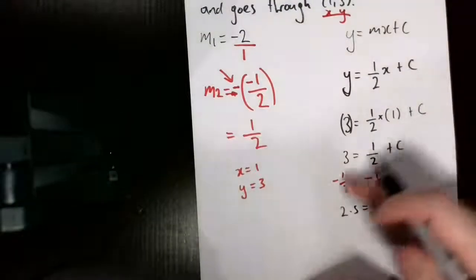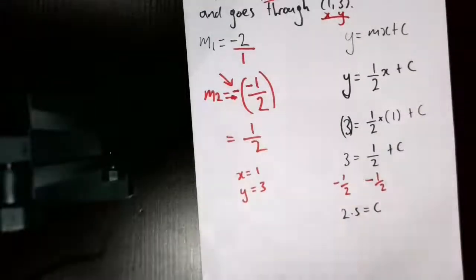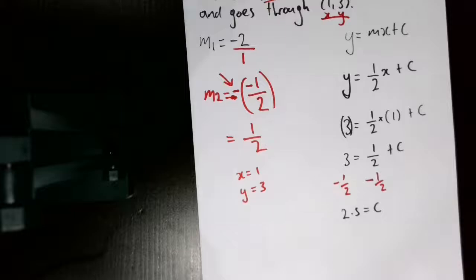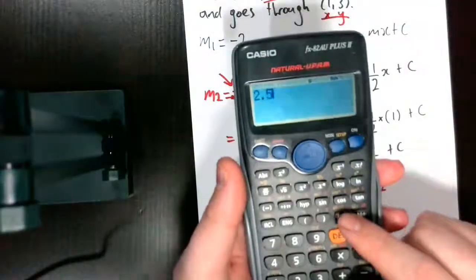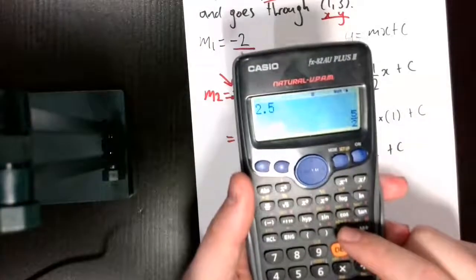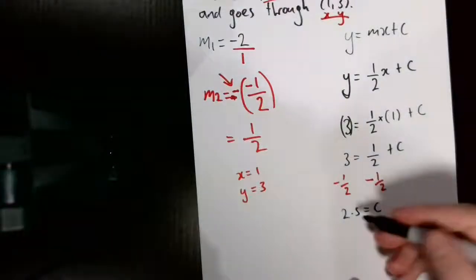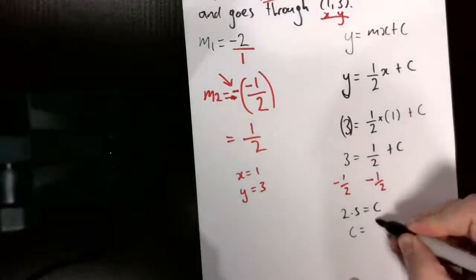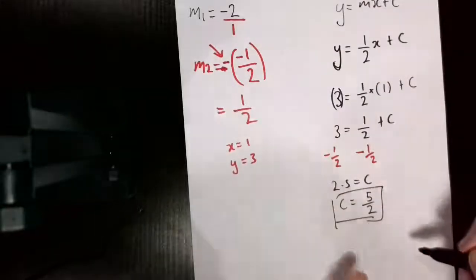But I want you to make sure that you write that as a fraction. If you've done it the decimal way and entered 2.5 on your calculator, you can press the S-D button to convert it to a fraction. So we have our answer as a fraction: c equals 5/2. That is our y-intercept.